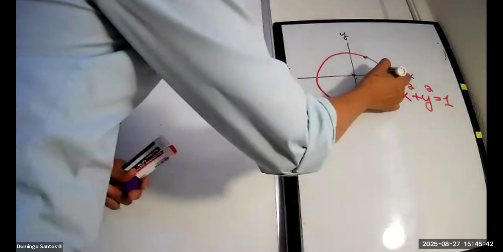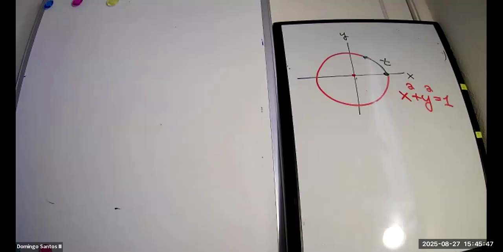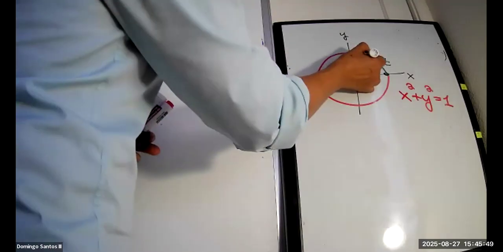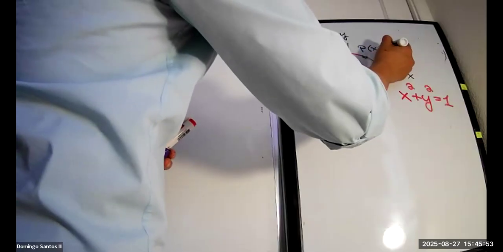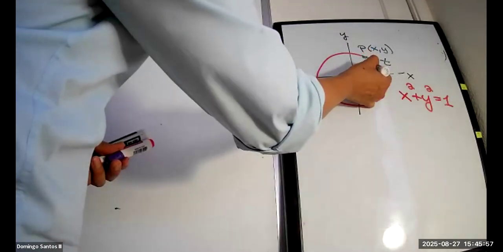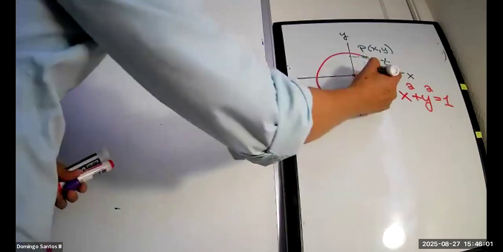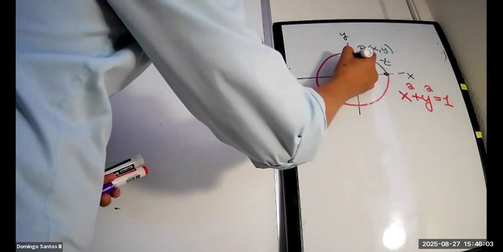So I traveled a certain arc length t. And this is another point here, let's call it point P, wherein you would have your value x and your value y.